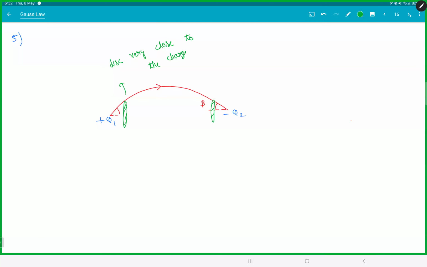Now, by symmetry, you can say there'll be one more field line here. This angle also will be alpha. This is also alpha. This is beta. This is also beta. Can you clearly see here?